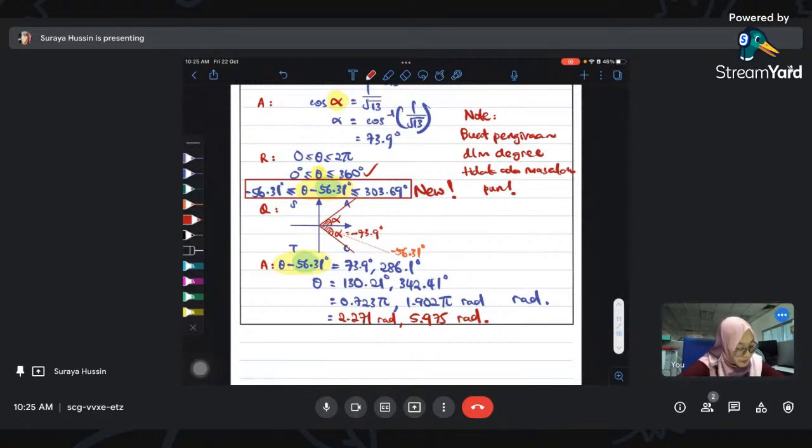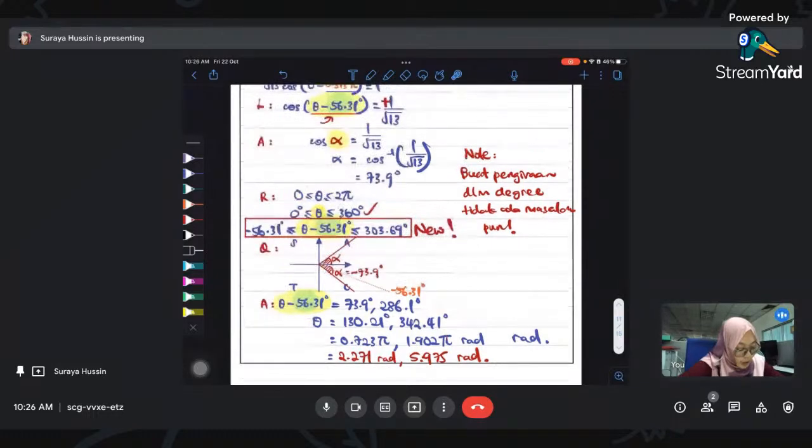Letak sama ada in terms, your answer can be in terms of radian or in terms of pi. You nak tulis dalam pi pun boleh, ataupun you nak darabkan terus pi. Tekan calculator akan dapat jawapan ini. Both are acceptable. Okay, just choose one of it. So that's it.